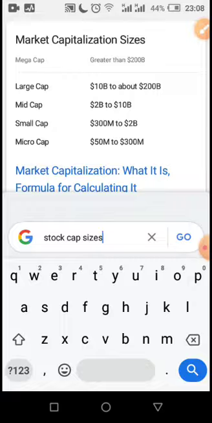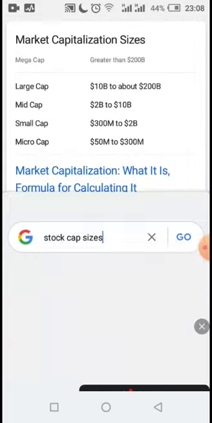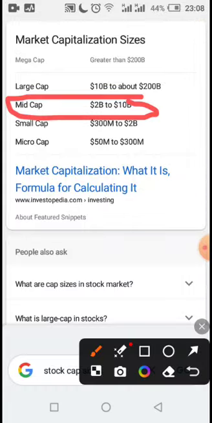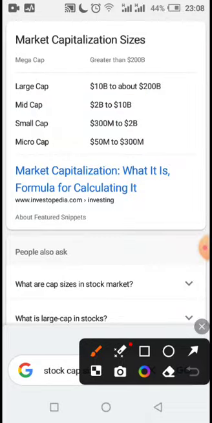But you can always Google search the market cap sizes of the companies. It's public information. And then your mid cap stocks will have less volume and less liquidity. Those will be companies with market cap sizes or net worths of 2 billion US dollars to 10 billion US dollars, which will be available for shares.